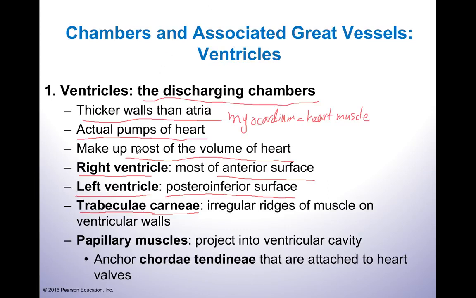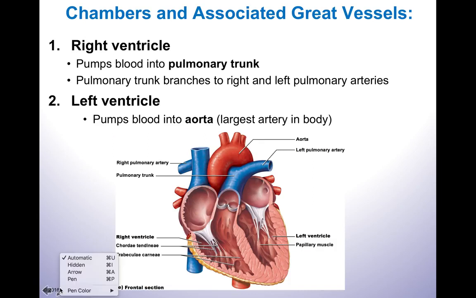We also have these finger-like extensions called papillary muscles, which are projections coming off of the ventricle, both left and right ventricle. And they're connecting to these string-like extensions called chordae tendineae. Basically, these are extremely important for the functionality of the valves of the heart we'll discuss in a few minutes.